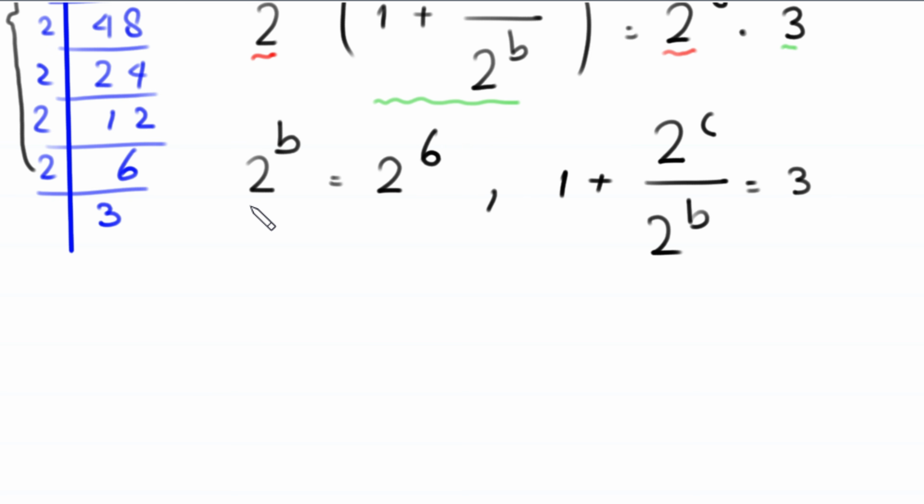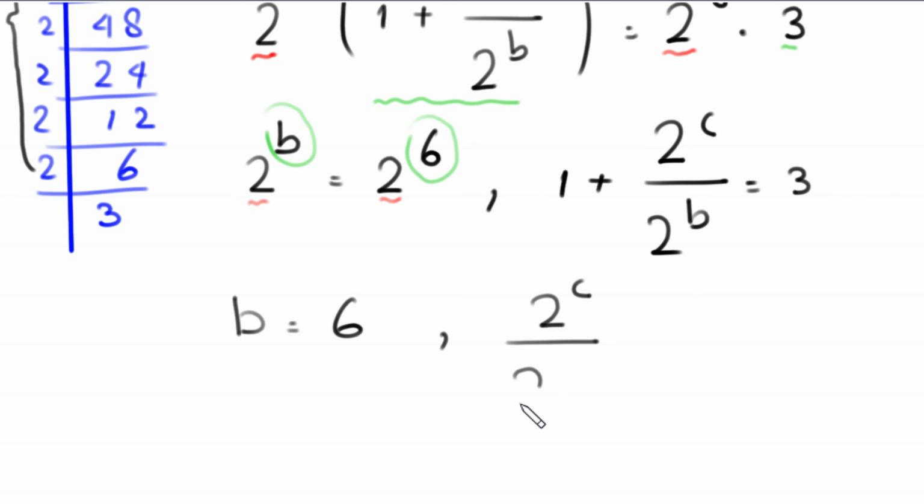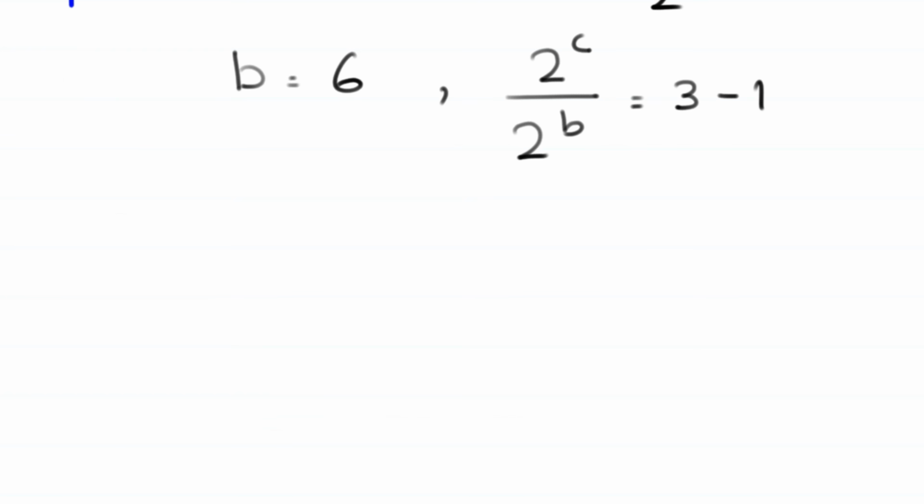Since we have the same base 2 at both sides, we write this exponent b equal to this exponent 6. This will become b is equal to 6, and we move this 1 to the right hand side. This will become 2 to the power c divided by 2 to the power b equal to 3 minus 1. Replace this b with this 6.